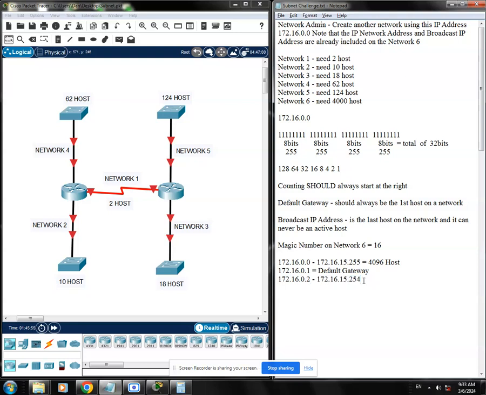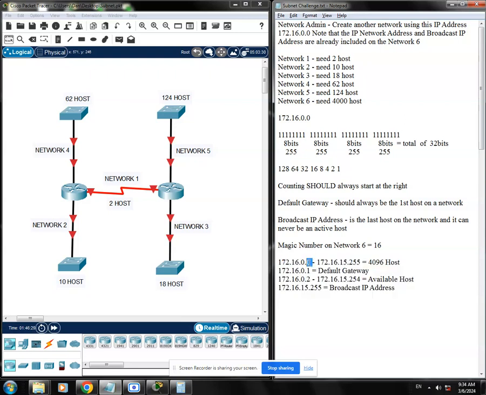These are the available hosts. And the broadcast IP address is 172.16.15.255.